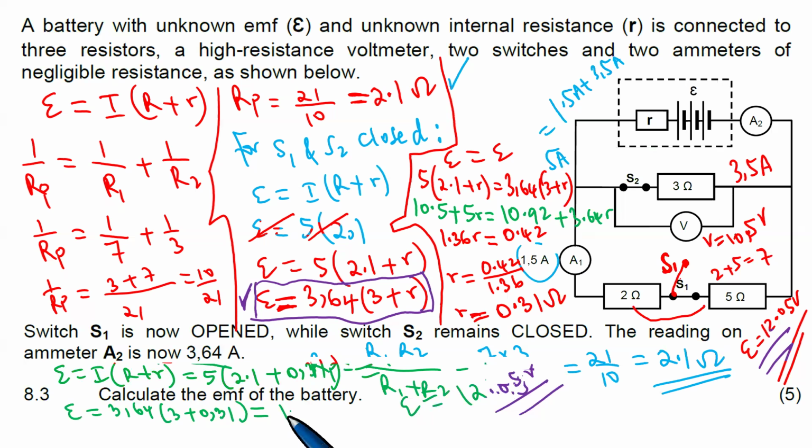So you'd get exactly 12.05 volts. And the 12.05 is what we got even when we used the top one. And we're also getting 12.05 when we use the bottom equation. So it's the same thing. Let's look at the next question.